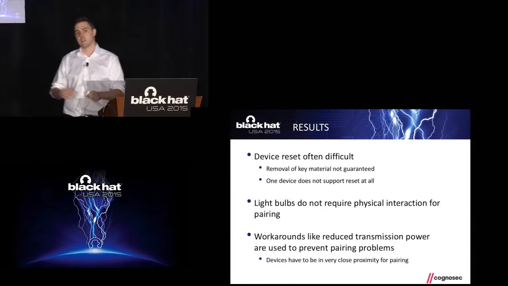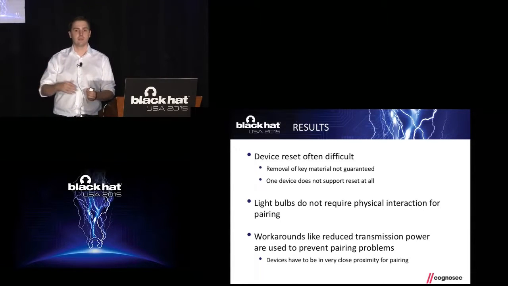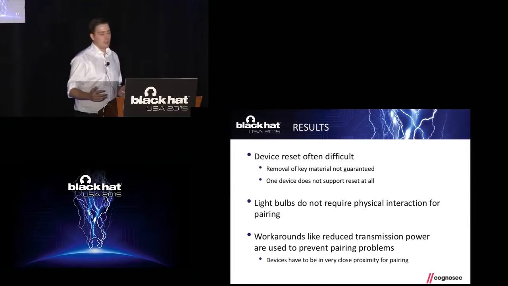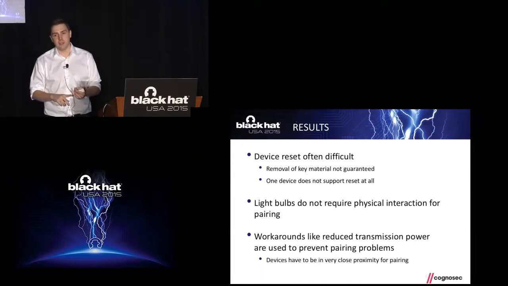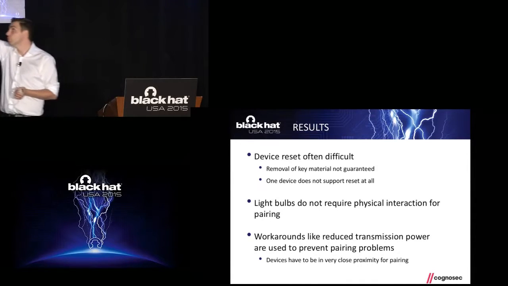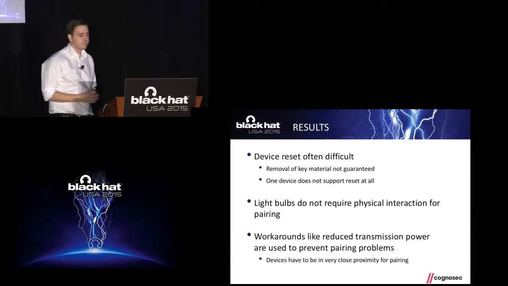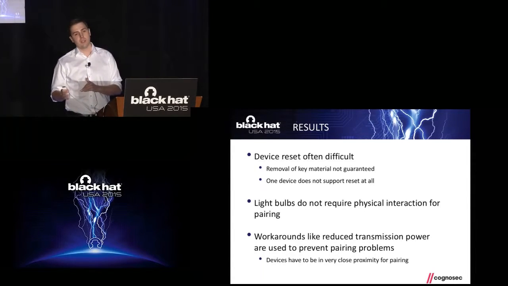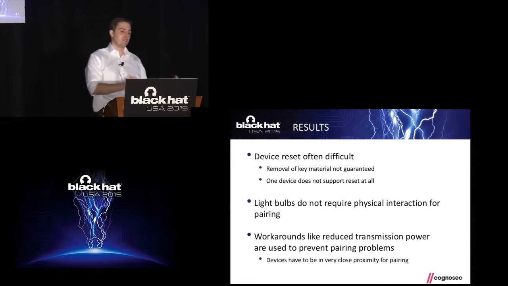So they reduce the transmission power of the hub for pairing, and you have to get in very close proximity to do the pairing. That's very annoying, because you have to have a power supply and Ethernet to do this. So we were heading out to our lights, the bulbs in the hand. It was very annoying. So that's also not very usable. But this way you are sure that you're not stealing your neighbor's lights.